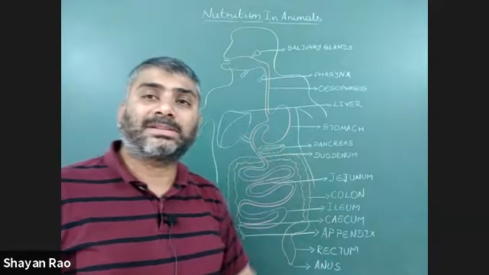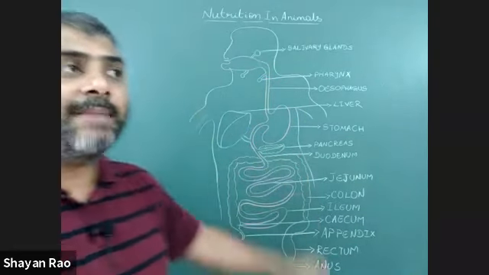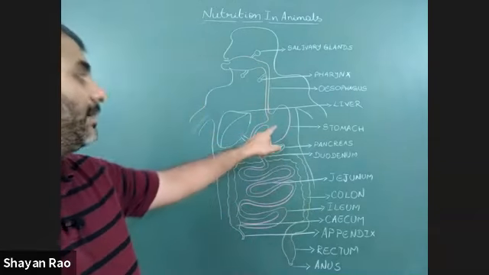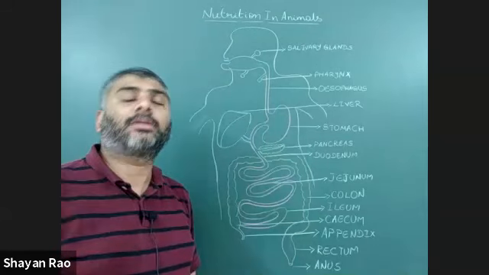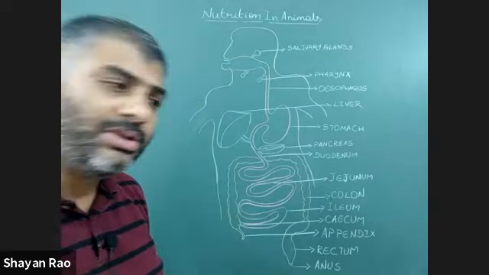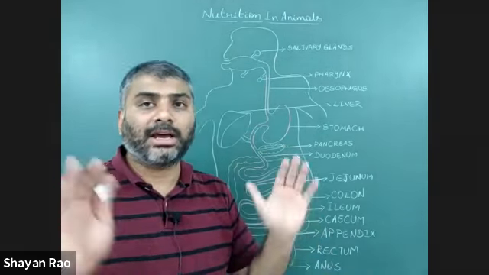The stomach is always present on the left part of our body, in the abdominal cavity. The stomach is usually a C-shaped structure, or some textbooks refer to it as J-shaped. Whatever it is, C-shape or J-shape, both are right.